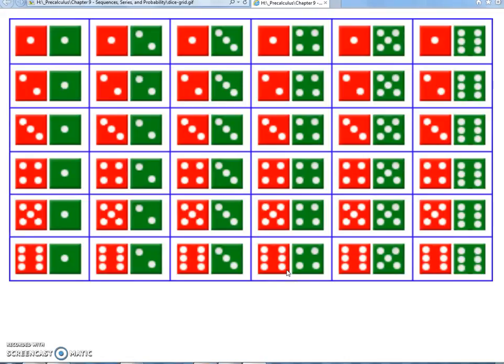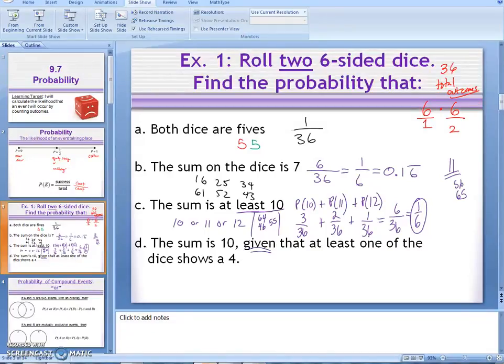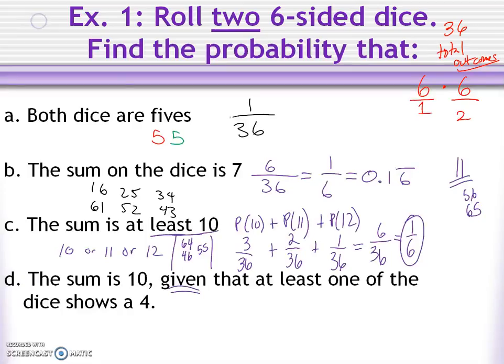If you wanted to go ahead and count them, you'd get 6 in that row, you'd get 6 in that column. But be careful, you would have counted that one twice. So there are 11 total ways to make sure that you're given that one of them shows a 4.